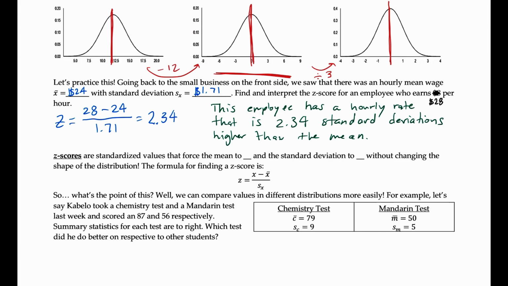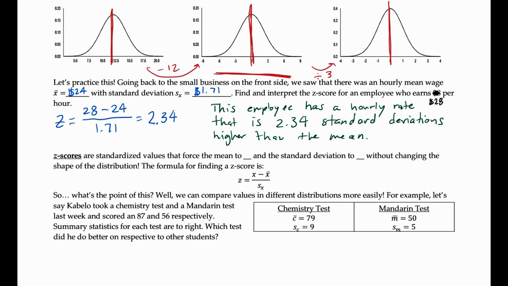So it gives us an idea of, compared to everybody else, where is this particular employee's hourly rate? Turns out it is almost 2.5-ish standard deviations above the average, which means they're getting paid much higher than most of the other people at this company. So that's a z-score there, okay?